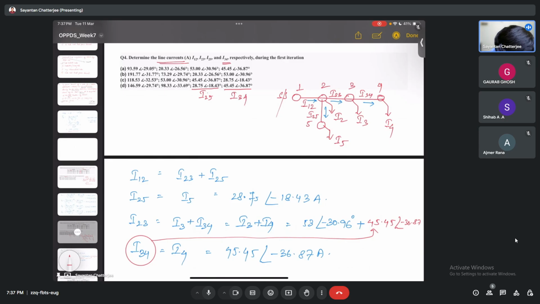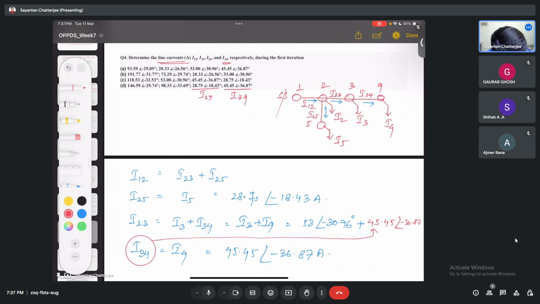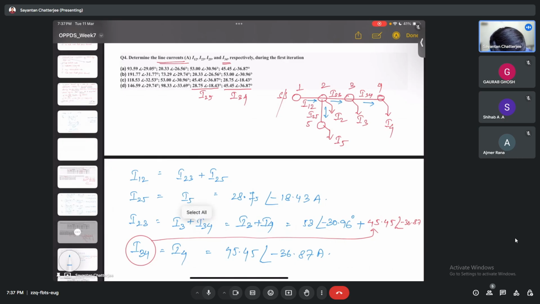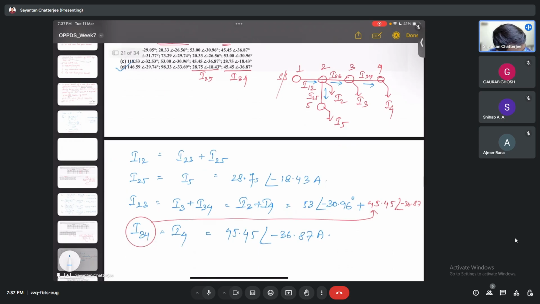These two are correct only in option D, because in option A the I25 value is different, 53. Once you find that D is correct, you will have an idea how these values would be.